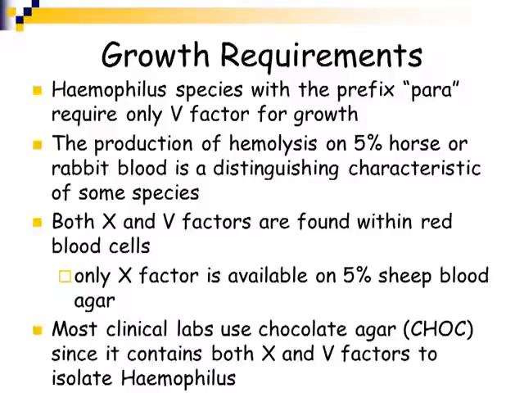So this is one of the reasons why respiratory specimens are always inoculated onto chocolate agar, so that you don't miss Haemophilus influenzae, which is an organism that requires both X and V factors. If you only took your respiratory specimens and streaked them out on your sheep blood agar, you would never grow your Haemophilus influenzae, and you might miss a major pathogen causing a severe infection.